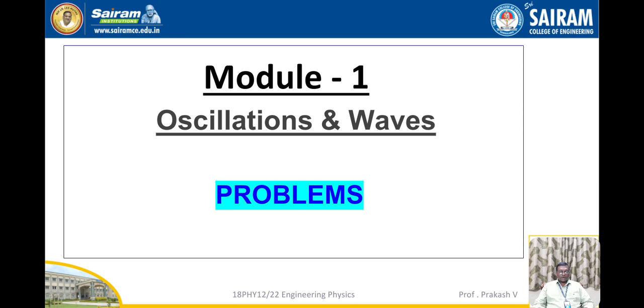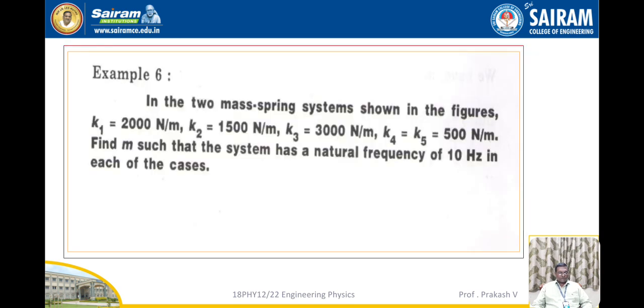Hello, in this video I am going to discuss problems of oscillations and waves which come under module 1 of the VTU syllabus. So let us start with an example.